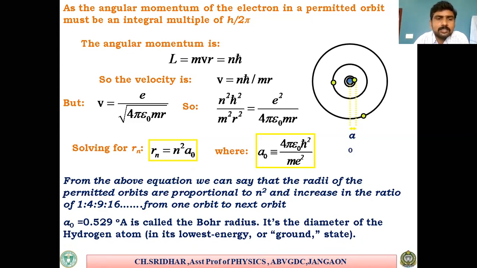This a naught is called the Bohr radius, since it is the radius of the first orbit. So it is the radius of the hydrogen atom in its lowest energy or ground state.